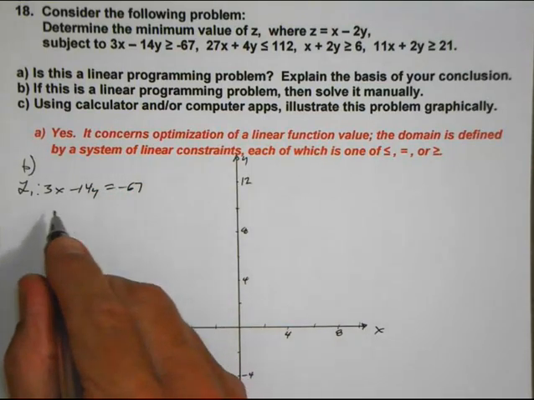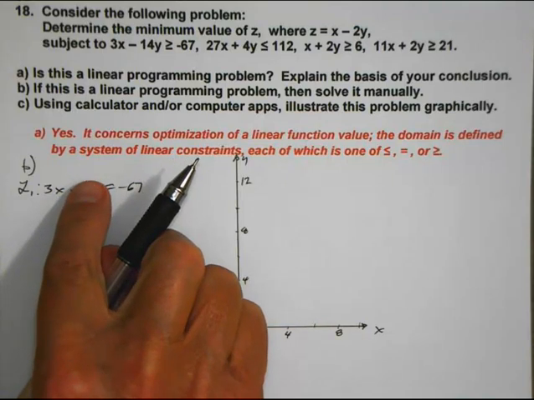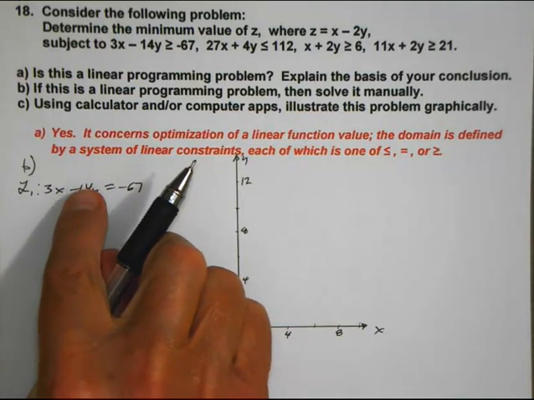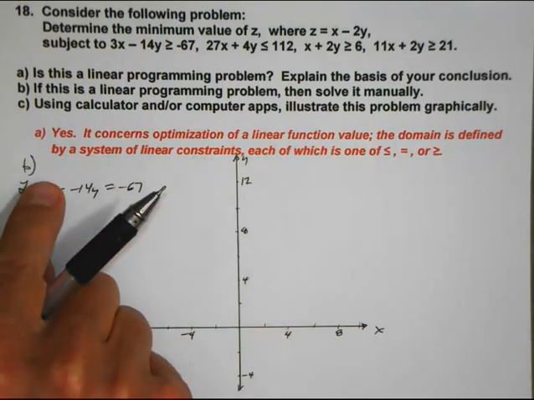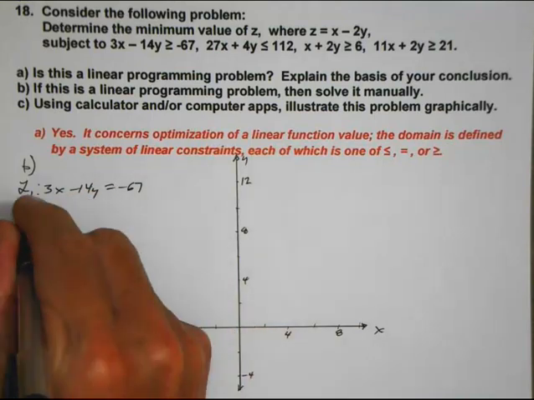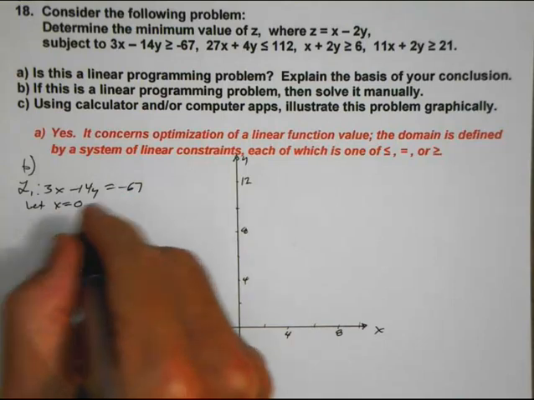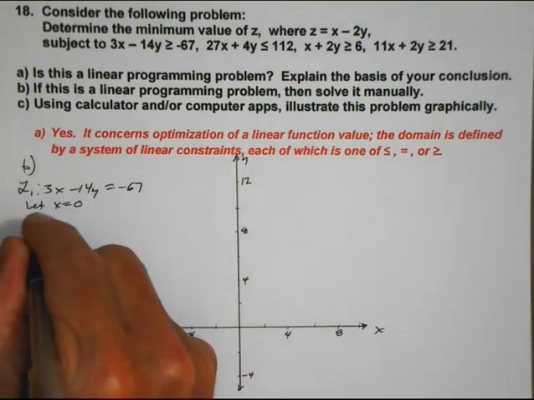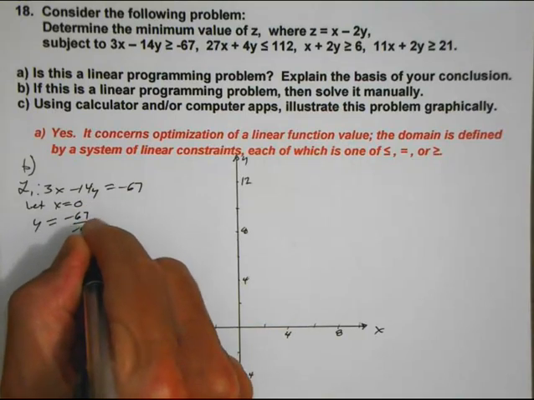If we let y equal 0, x would be negative 21 and then some. That's too inconvenient for our graph. If we let x equal 0, this might be a graphable point. Then y equals negative 67 over negative 14.